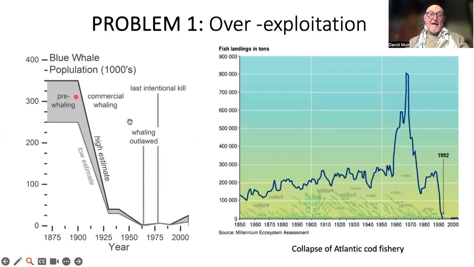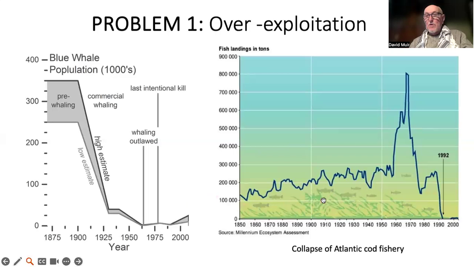Now, this has a huge effect on entire ecosystem functioning, because you're taking out the largest animal that has ever lived from these ecosystems. That has got to have effects downstream.